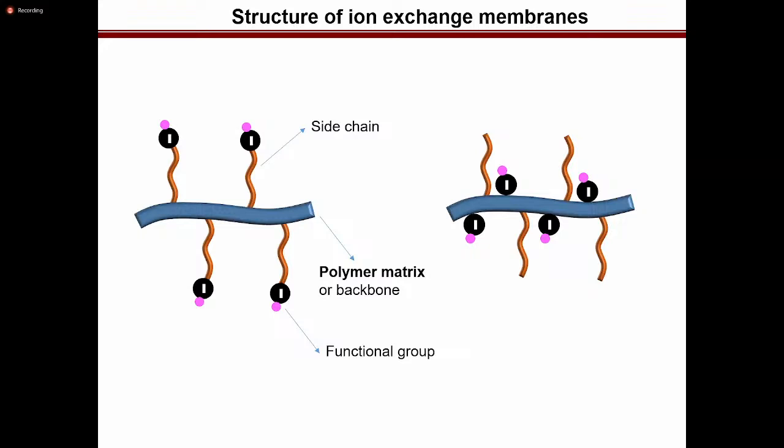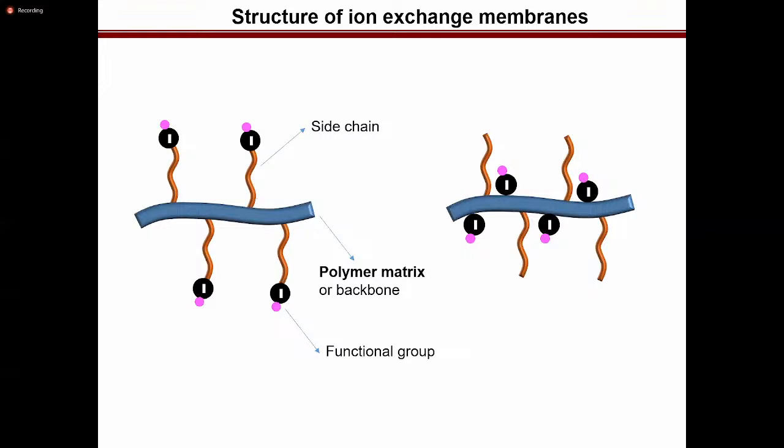So in principle, the design or the formation of this type of membranes is made by changing the composition of the polymer backbone, or if you have the side chain, where you put the functionalities, either on the side chain or in the polymer backbone.